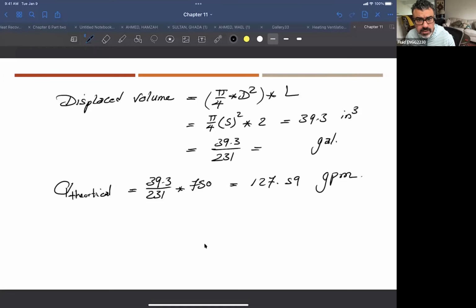Okay, so this is the total theoretical flow rate, right? This pump actually has a certain volumetric efficiency. That means there is some internal leakage here.